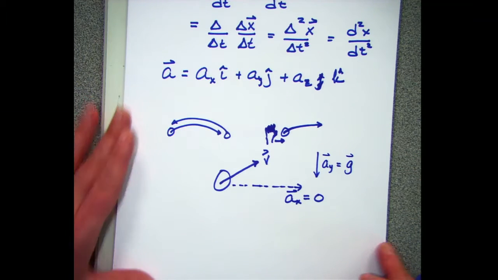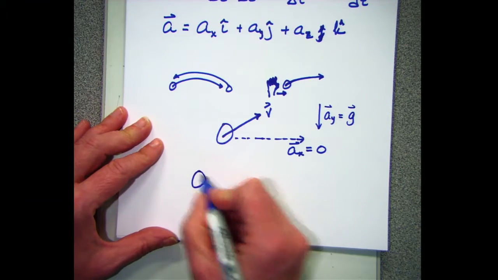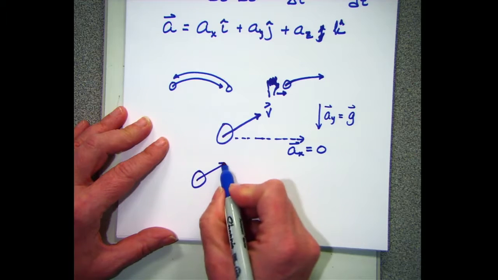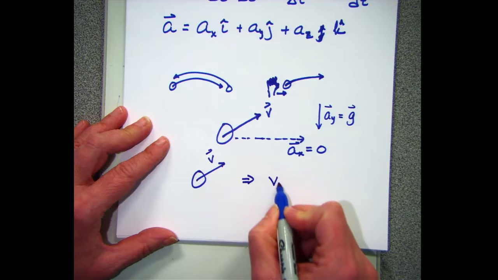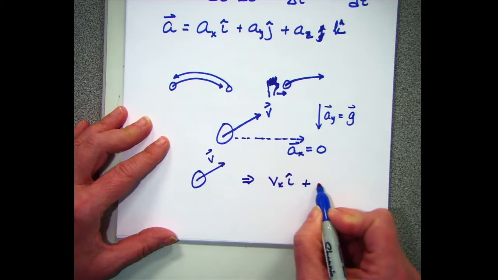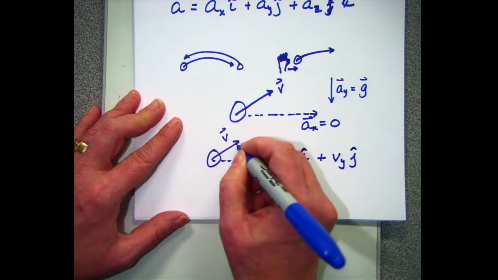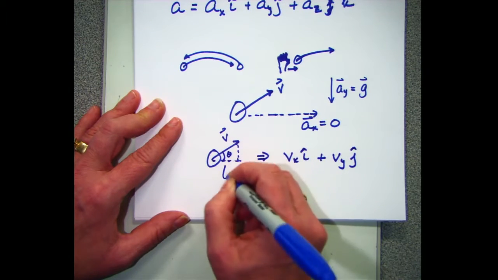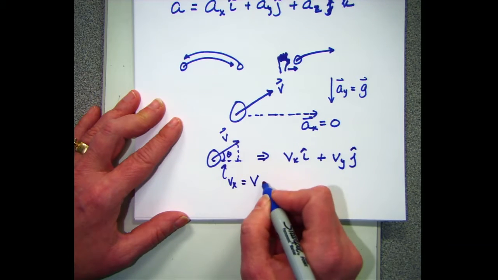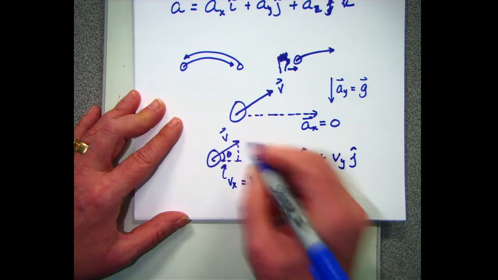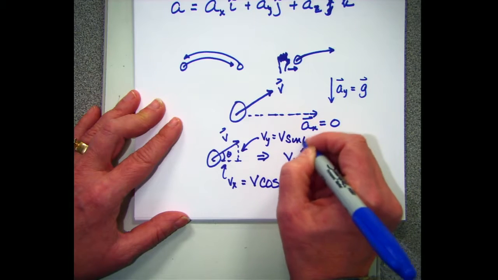So if I'm looking at this v vector here, we can look at it in a couple of different ways. I can write that v vector as vx i plus vy j, and we've even talked about how I can break those components up. If I know this angle, vx is equal to v cosine of the angle, and vy is equal to v sine of the angle.